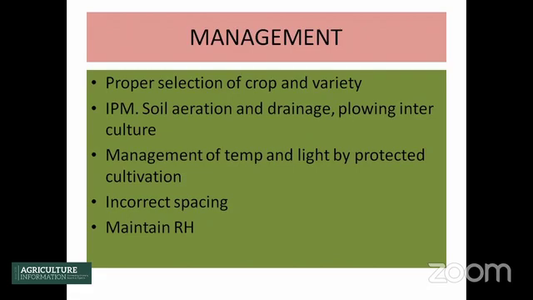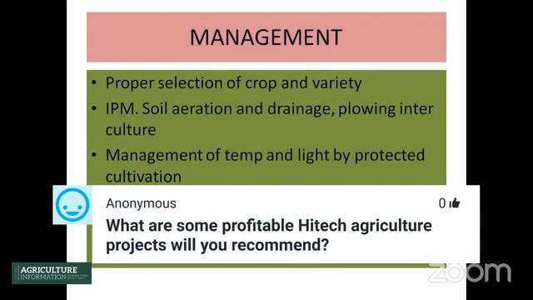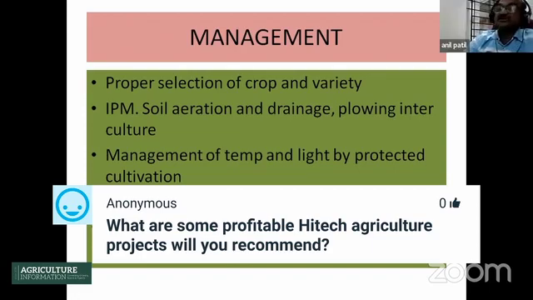What are some profitable high-tech agriculture projects you would recommend? Good question. When you discuss profitability, there are different topics that come to mind. One is investment and the promoter's capability to invest a particular sum.